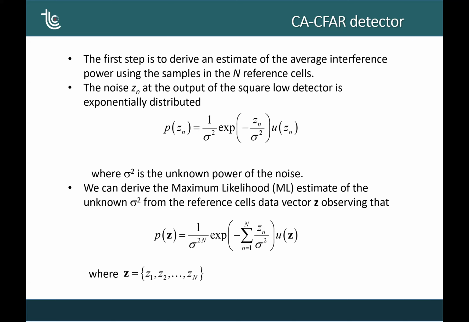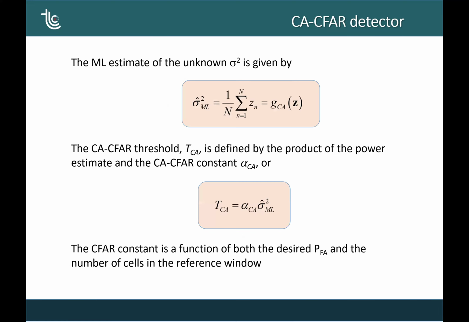The unknown parameter is sigma squared, the power we want to estimate. Applying a very easy technique, the maximum likelihood estimate, we get that the estimate of sigma squared is the average of the samples coming from the reference cells.